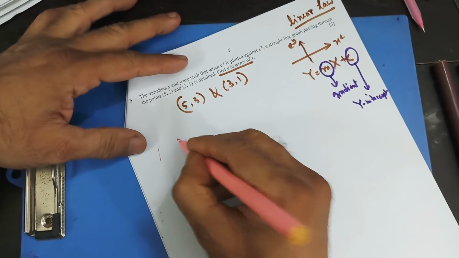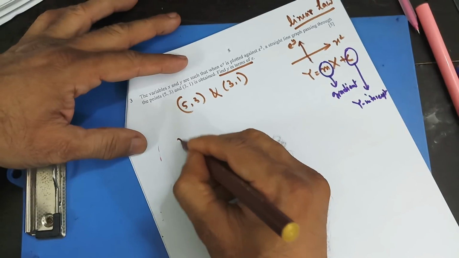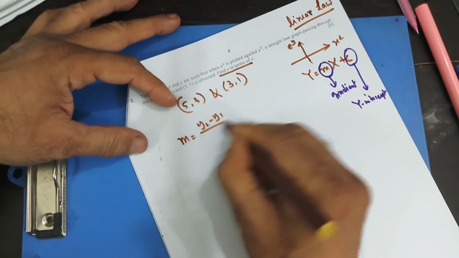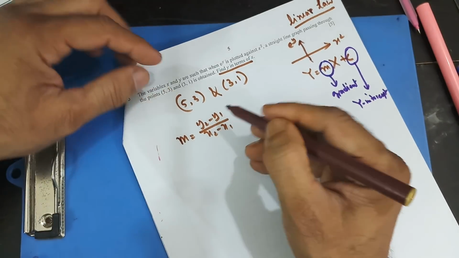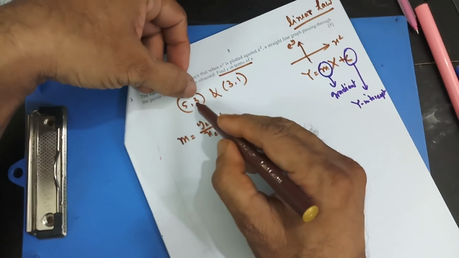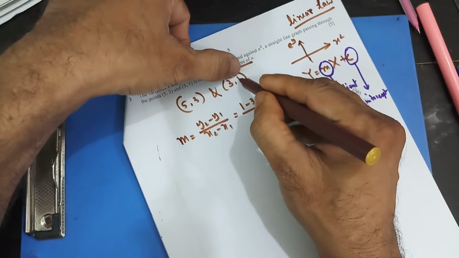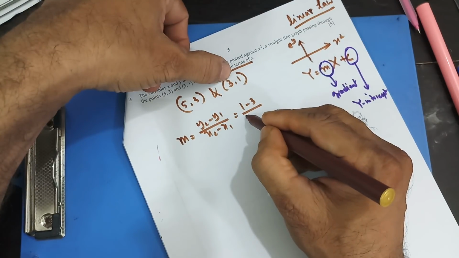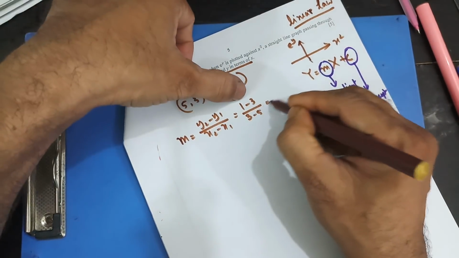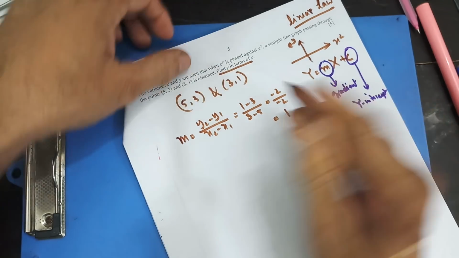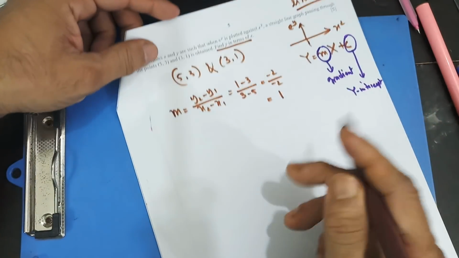The formula of gradient is the difference in y, y2 minus y1, divided by x2 minus x1. If I take this one as y2, it's 1 minus 3, and this is my x2, 3 minus 5. So that's minus 2 divided by minus 2, which equals 1. That's the gradient.